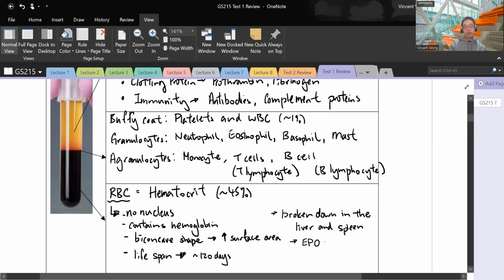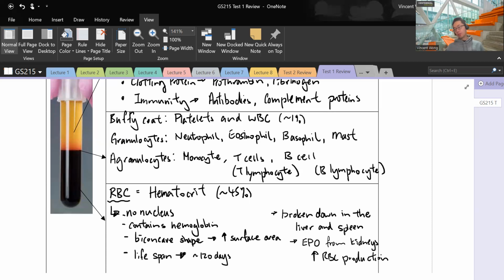There's something called EPO, which is from the kidney, will increase RBC production. Say air is thinner, you're staying there for a couple of days, that would trigger your kidneys to release the EPO, which then increases your RBC production.